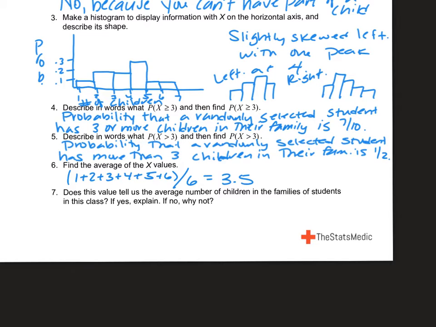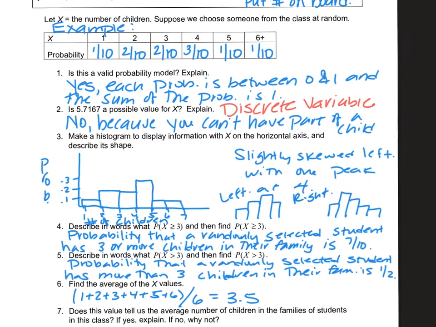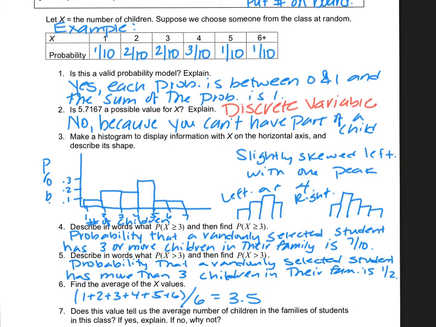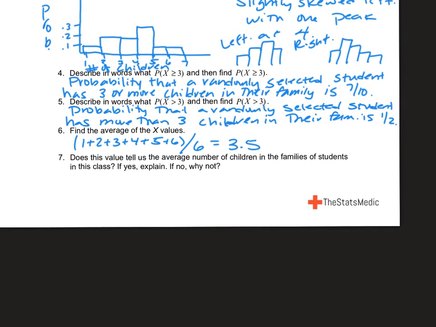Does this value tell us the average number of children in the families of students in this class? If yes, explain, and if no, why not? So in this case, do all of these values have the same chance of occurring? And the answer is no. So in this case, it would be important for us to use what we call a weighted average.